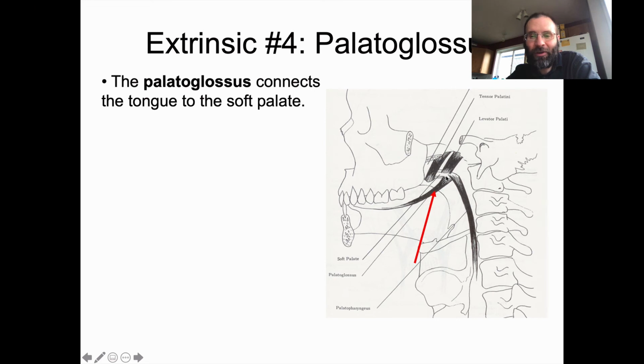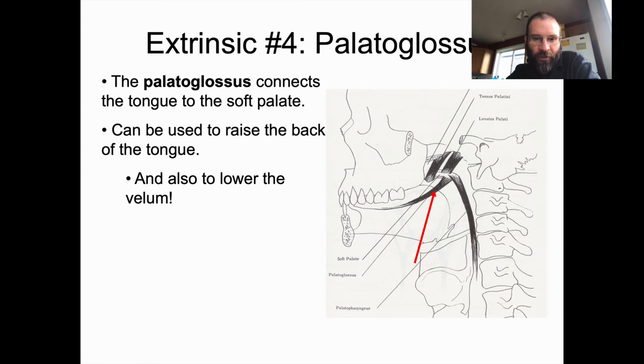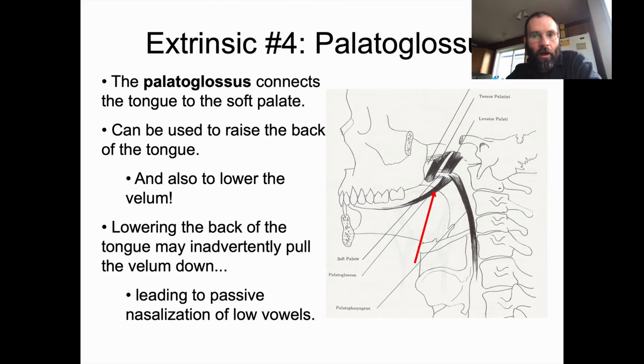It's pretty complex inside a human body, as I mentioned before. But this one's nice because it connects the tongue to the soft palate. So it's basically going to shorten this distance here. You can either use that to raise the tongue up towards the velum, or you could use it to pull the velum down if you wanted to, and get two different phonetic effects on the basis of that one muscle.